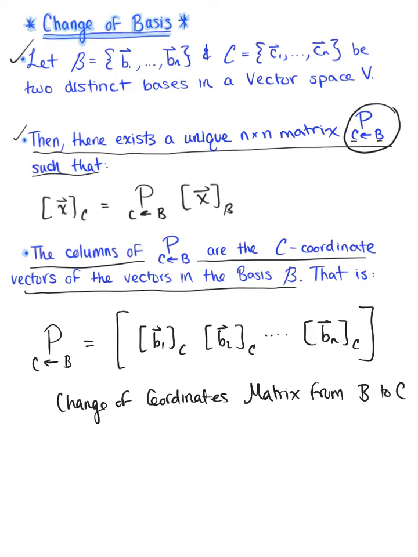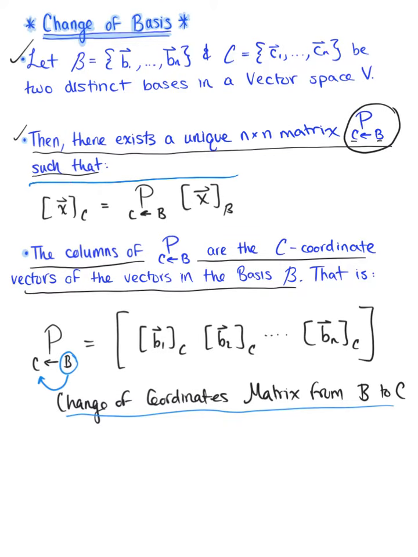And so what is this change of coordinates matrix doing? Well, it's taking a vector in basis B and mapping it to a vector in basis C. So the multiplication by the change of coordinates matrix from basis B to basis C converts the B coordinates into C coordinates. And that's what we're seeing up here.